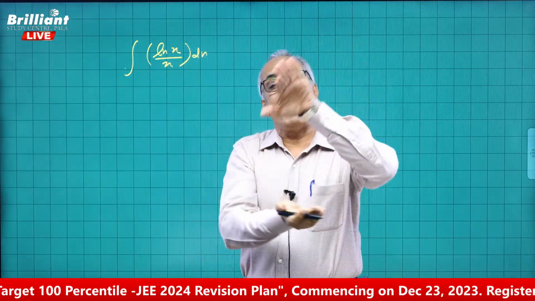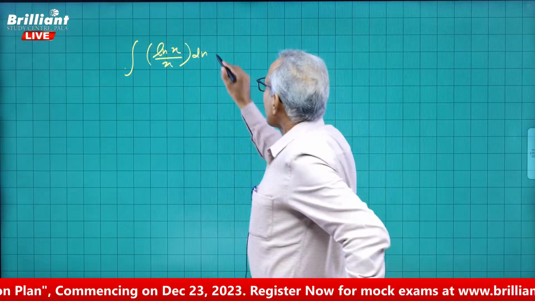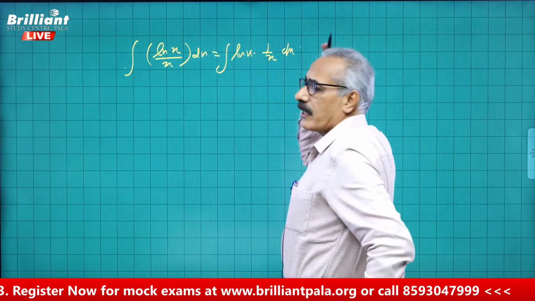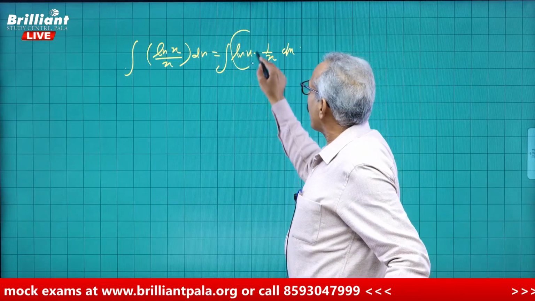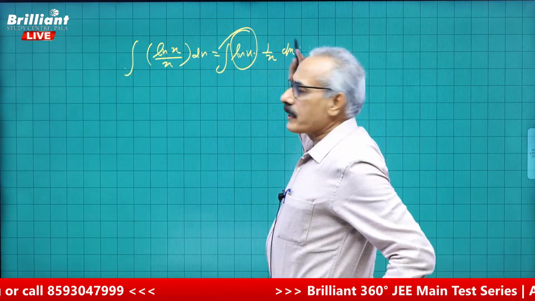Here it is the other way around. Look at the numerator. This is integral logarithm of x into 1 by x dx, the way we write. So the derivative of log x is what? 1 by x. So you can put log x is equal to t.